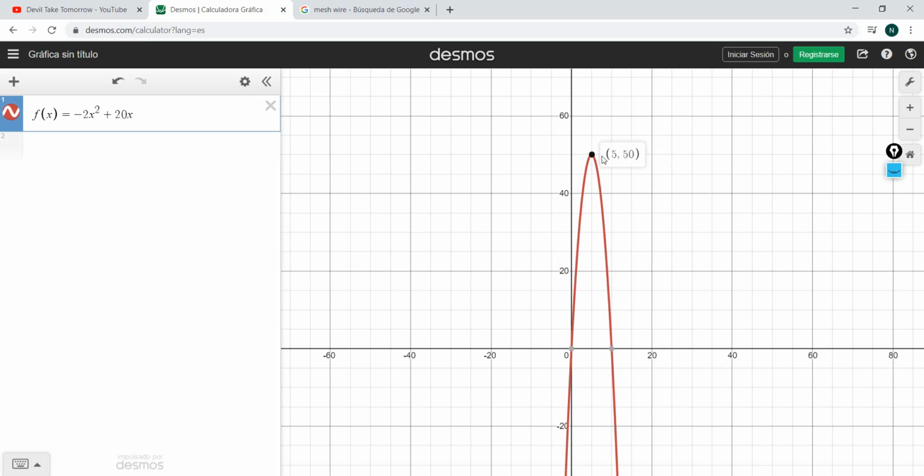So for a value of x equals to 5, the area of the garden is 50 and it's maximum, right? Because for anything to the other side, you see, the area is decreasing, and anything to the right, the area is also decreasing. So this is your maximum value.